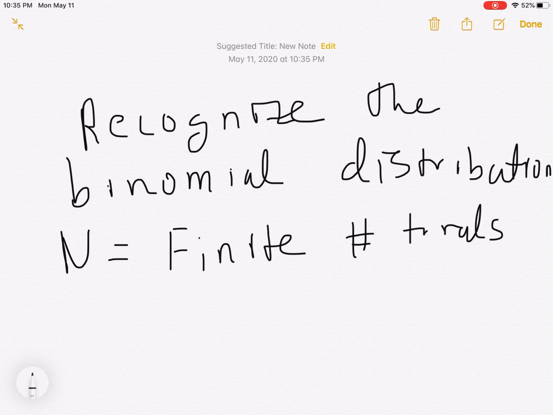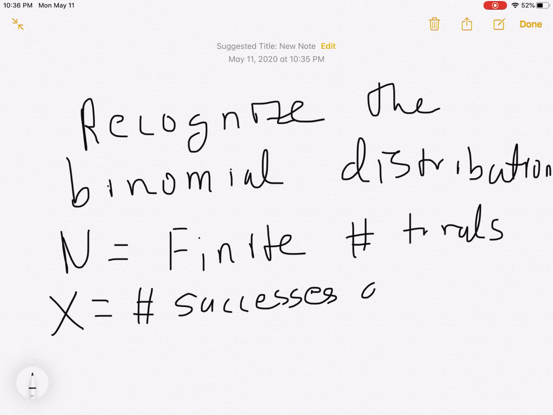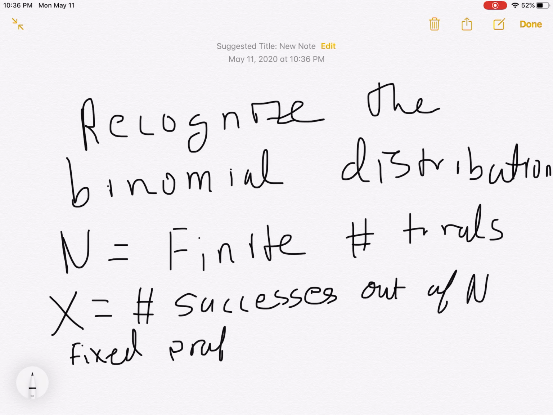Now, it's not the only distribution with a finite number of trials. It requires a fixed probability, p, of success. And it needs independence.